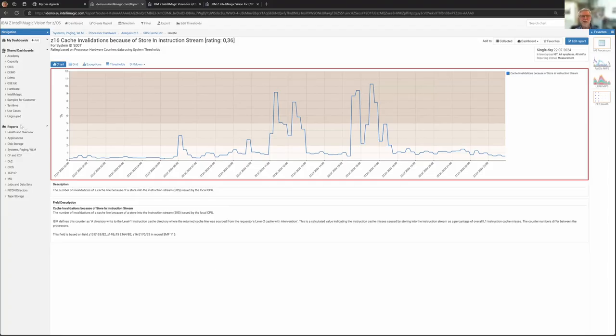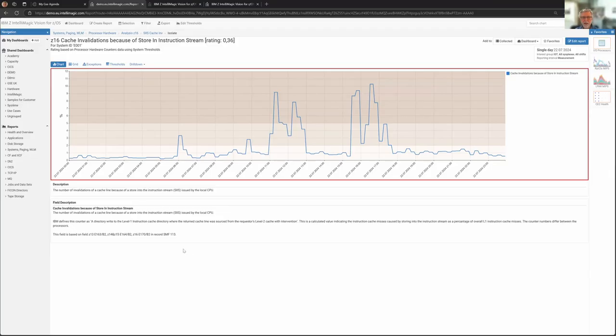In this particular system, LPAR, we have a lot of cache invalidations due to the instruction data needing to be flushed and then reloaded, typically because of older code needing to be compiled with the new compilers, or very, very old assembly code.